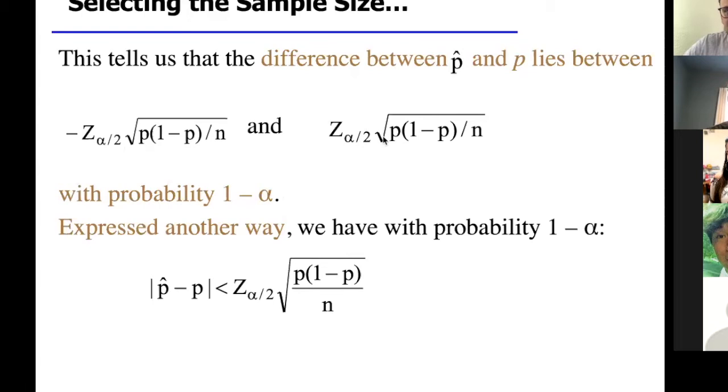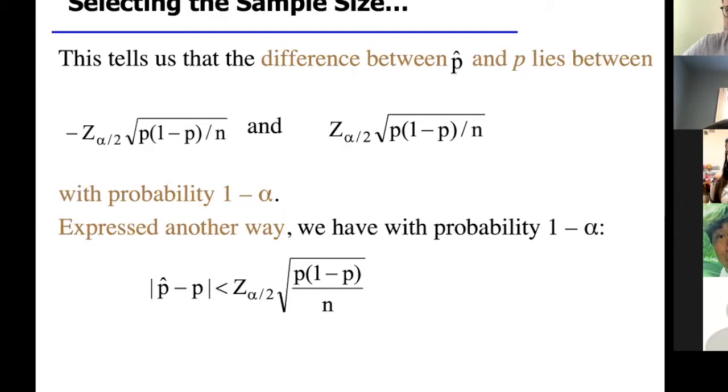And these two are symmetric, right? This is my z alpha half and so on, and this is minus exactly that, right? So we can make things simpler. It's the same thing as saying the absolute value of the estimation error must be smaller than this thing, z of alpha half and so on.